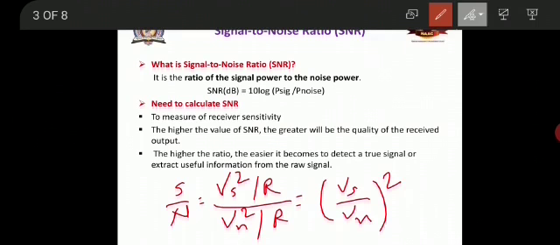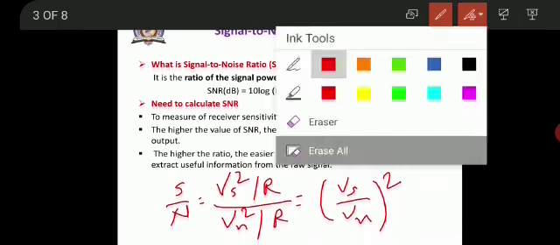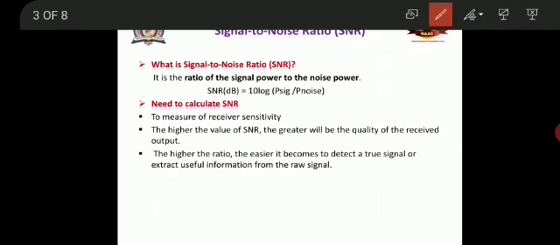Means this SNR can be calculated by taking the square of the ratio of the signal voltage to the noise voltage.